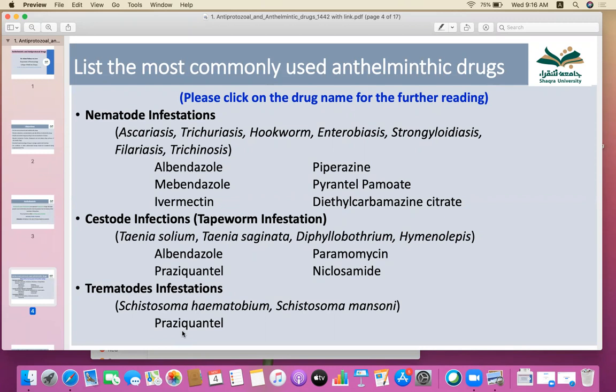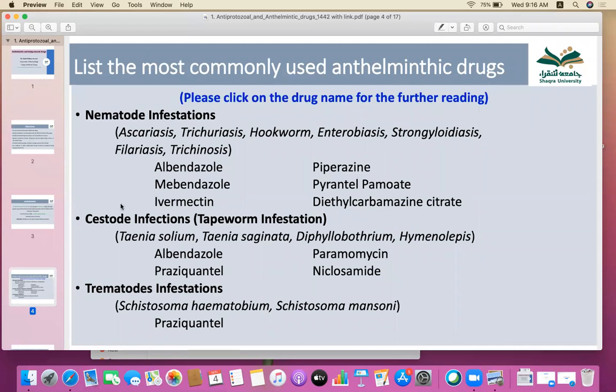So if you see in the three groups, the most commonly used drug is praziquantel. Praziquantel is available in both cestode and trematode infections.